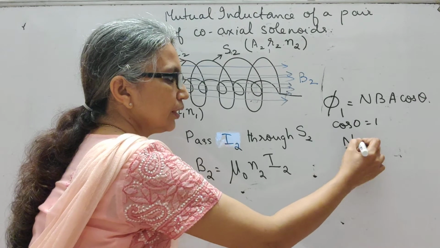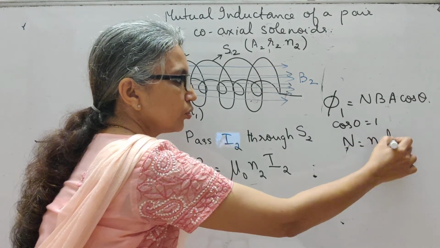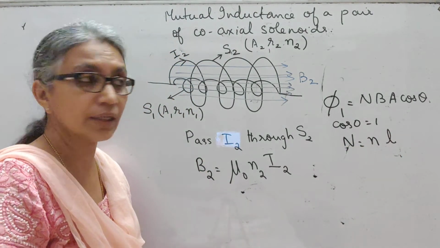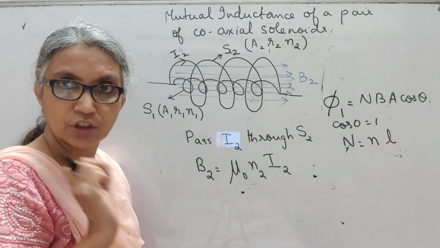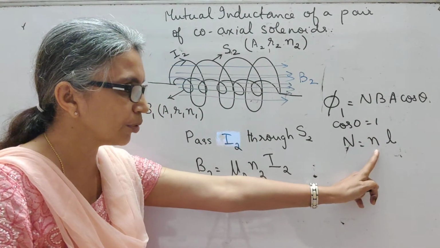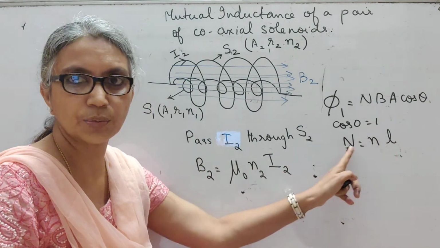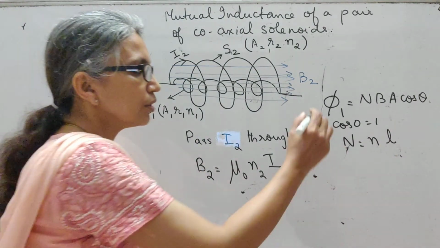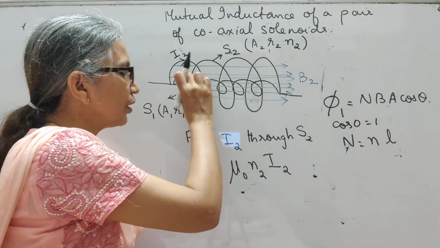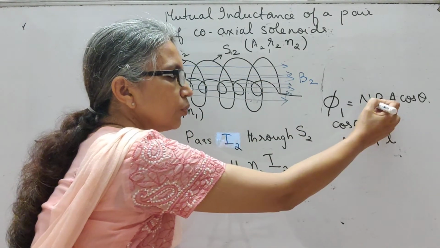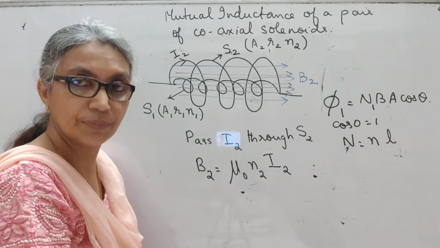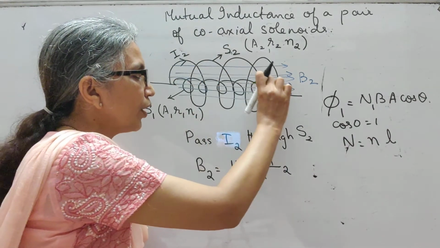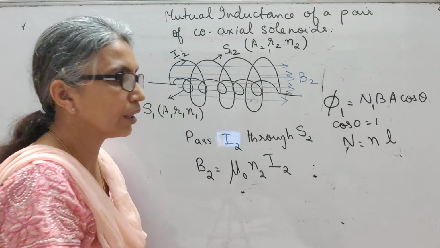And this capital N should be small n into L, because capital N is the total number of turns and small n is the number of turns in unit length. So multiply the number of turns in unit length with the total length, you will get the total number of turns. Here, since we are talking about the flux linked with the small one, we will put N1, the number of turns of the smaller one.